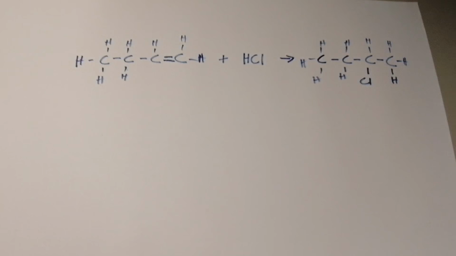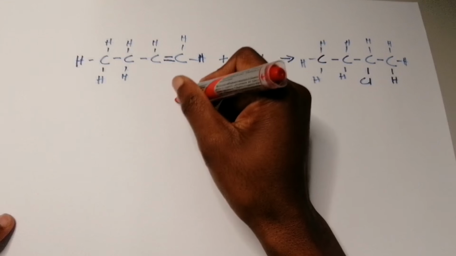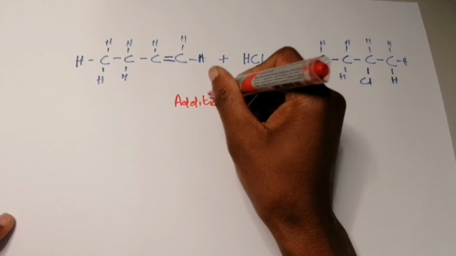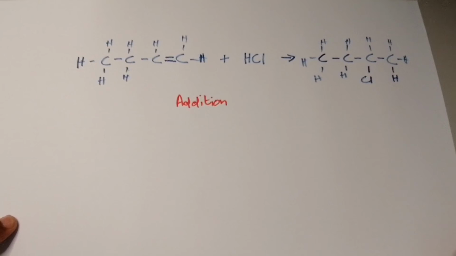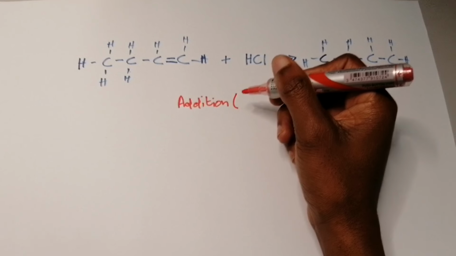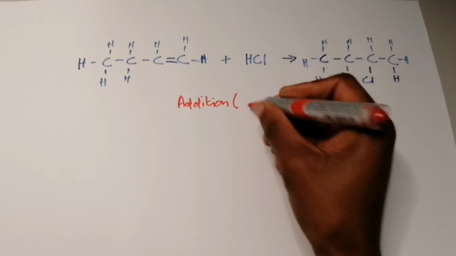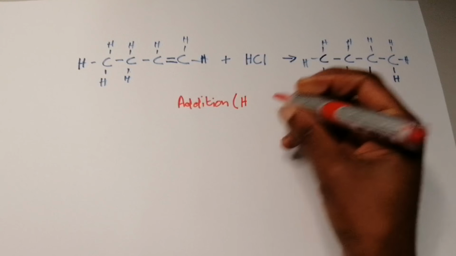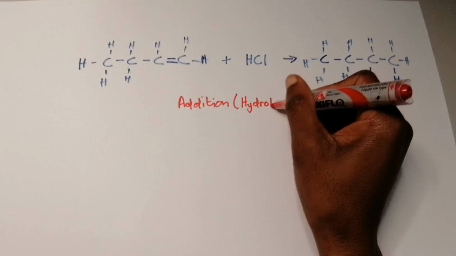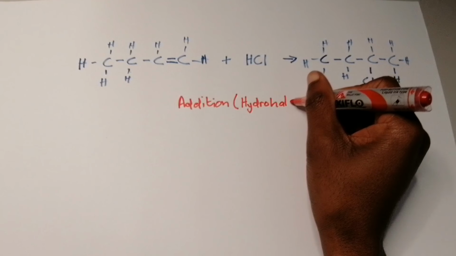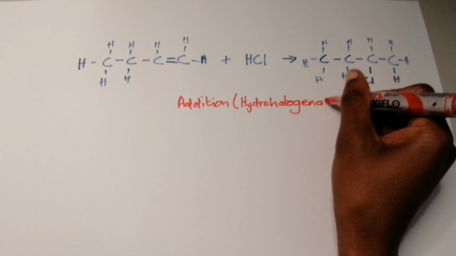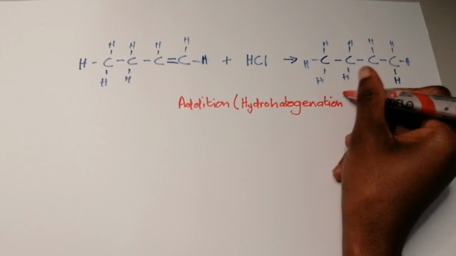By the way, what type of reaction is it? I'm sure you've got it by now. This is once again an addition reaction. But what type of addition reaction is it? In this case, it is what we call halogenation.